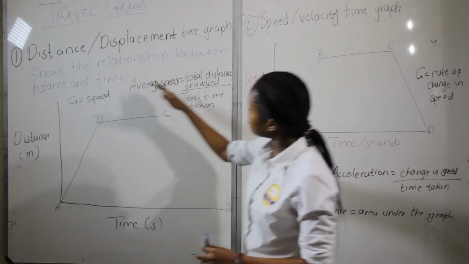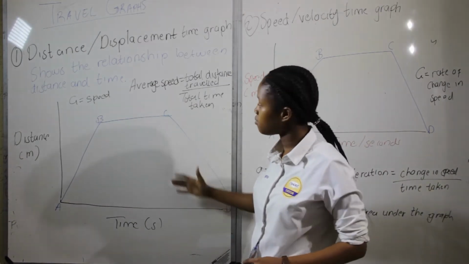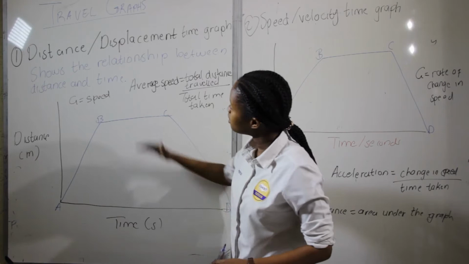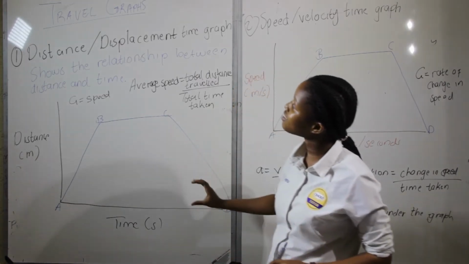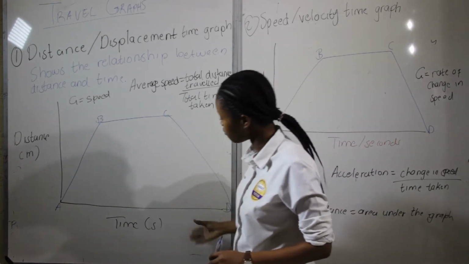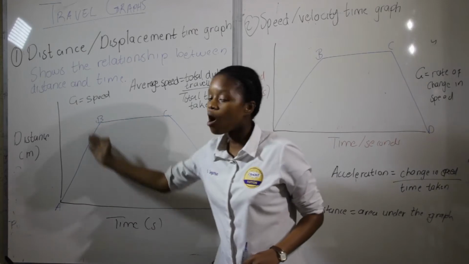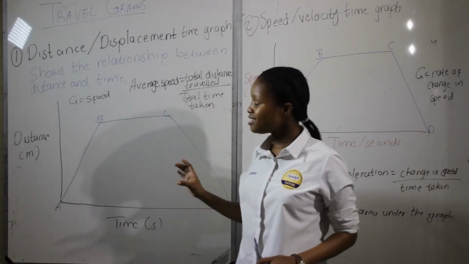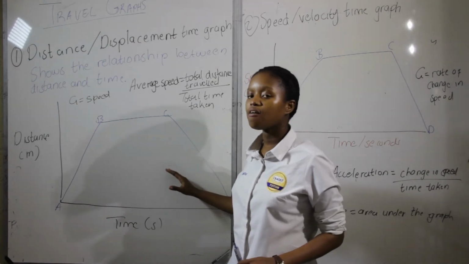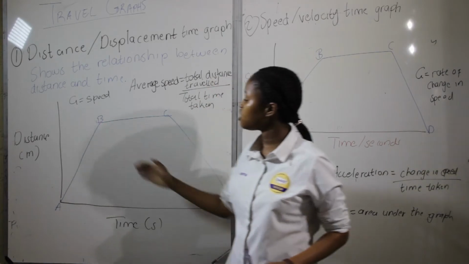When you look at this graph, this is the graph I'm talking about. This is what you call a distance, displacement, time graph. This is just a replica of how it is. In this graph, our gradient represents our speed, how our speed changes.